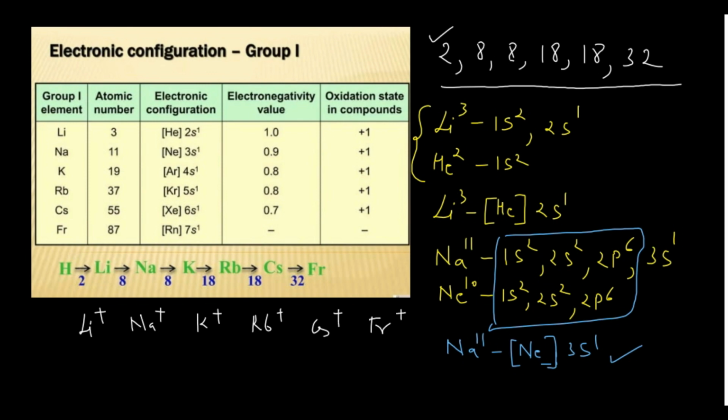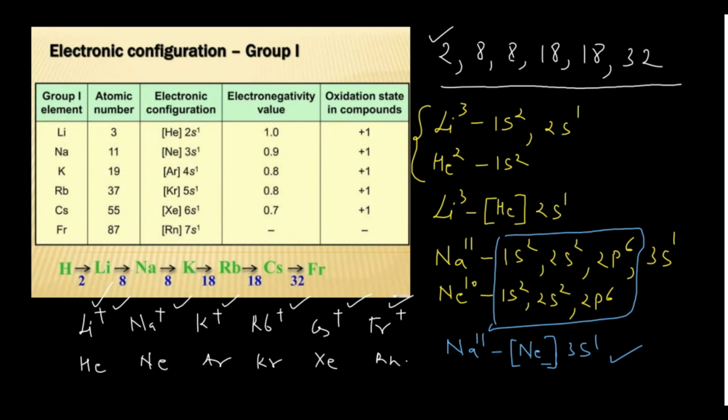If I write like that, I have removed one electron from the outermost shell. So what result am I actually getting? The noble gas configuration. This is for helium, this is for neon, and after neon this is argon, then krypton, then xenon, then radon.